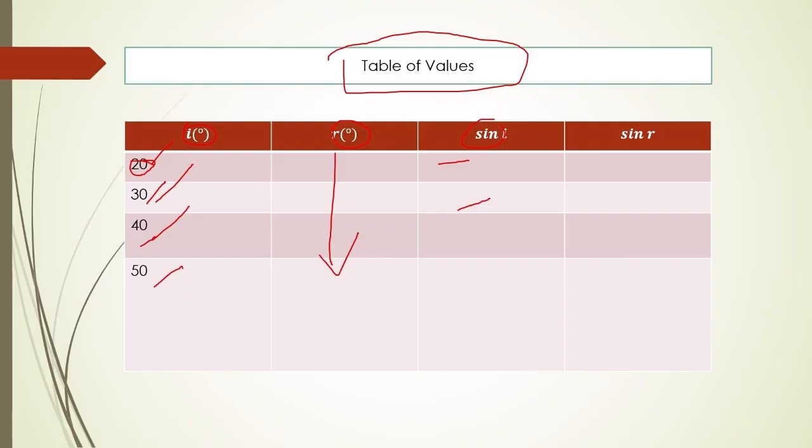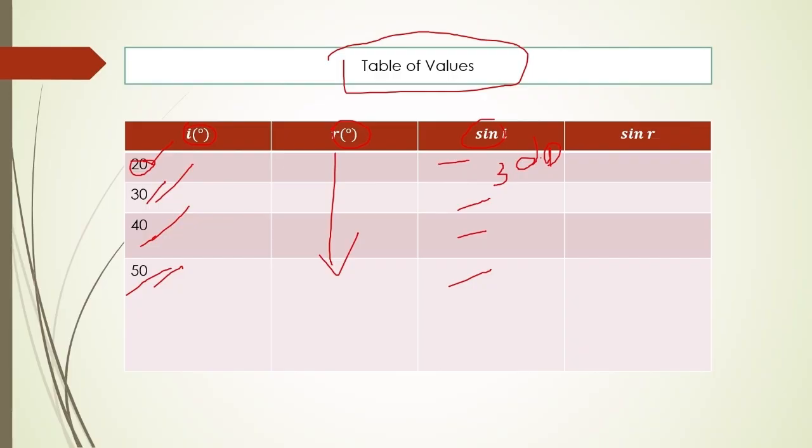You press sine of 30, sine of 40, sine of 50, and record the values here. But when you are recording the values, it must be to 3 decimal places.